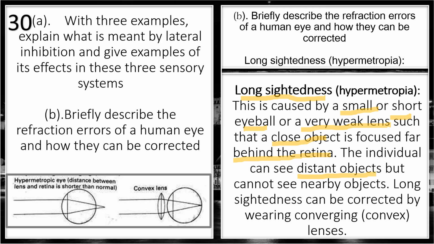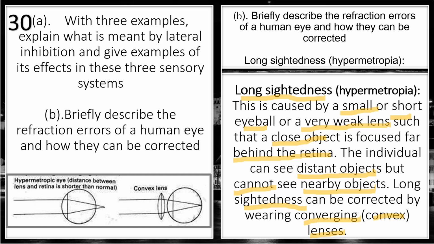Individuals can see distant objects, but they cannot see nearby objects. Long-sightedness can be corrected by wearing a converging lens, a convex lens.